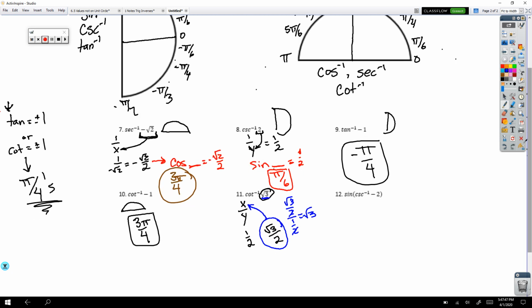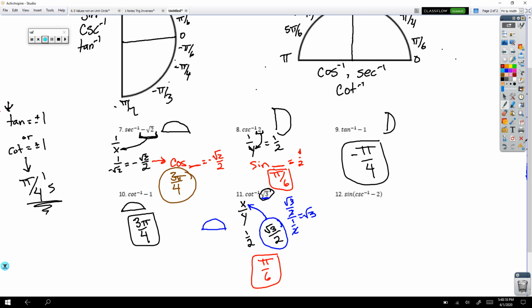So I want to ask myself, what has an x of square root of 3 over 2 and a y of 1/2? Well, that deals with my pi over 6's. So cotangent deals with my horizontal half circle again. Positive, so I'm in quadrant 1. So my answer choice here, where x is root 3 over 2 and y is 1/2, would have to be pi over 6.